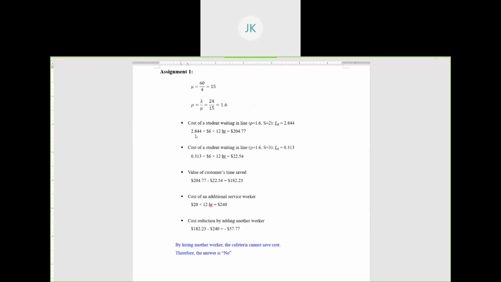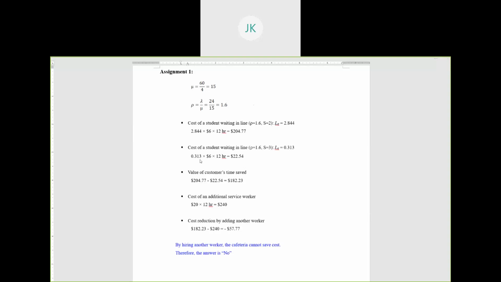So 2.844 LQ times the customer waiting cost $6, times 12 hours open. So when 2 workers work, customer cost is $204.77.